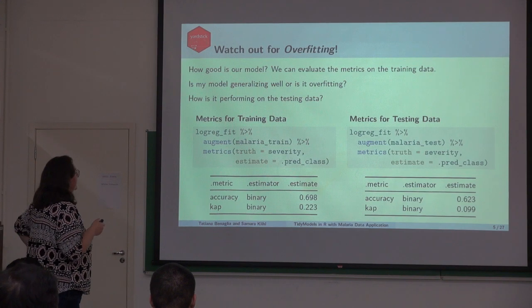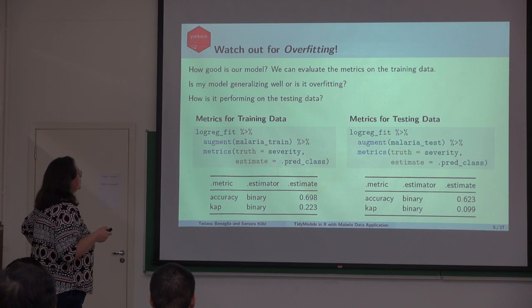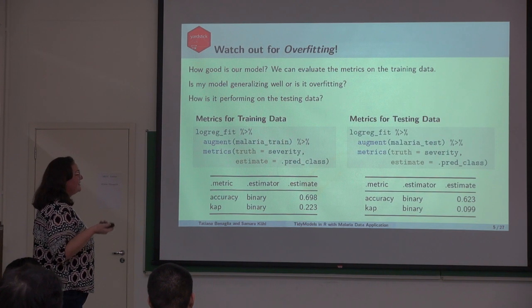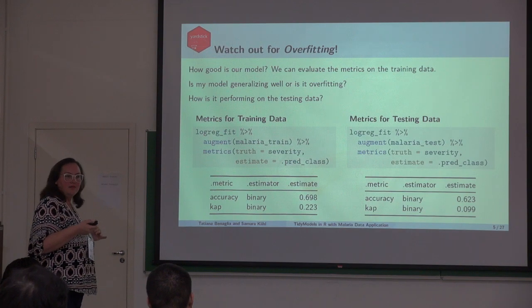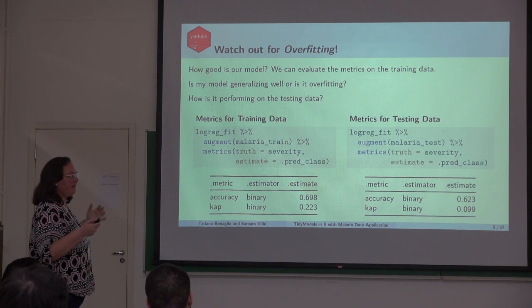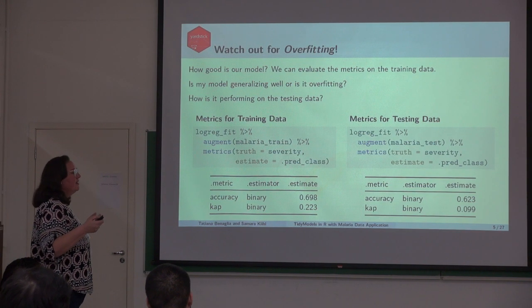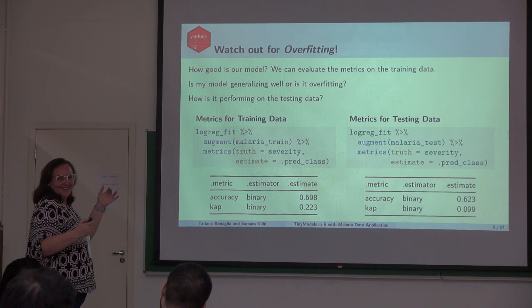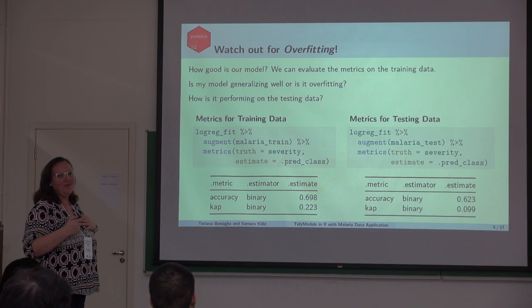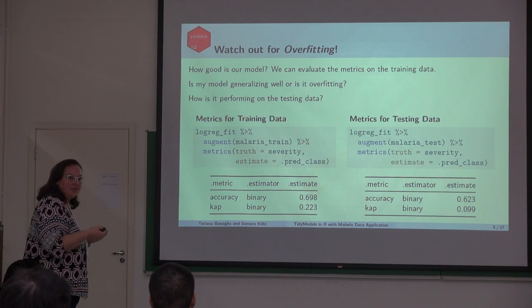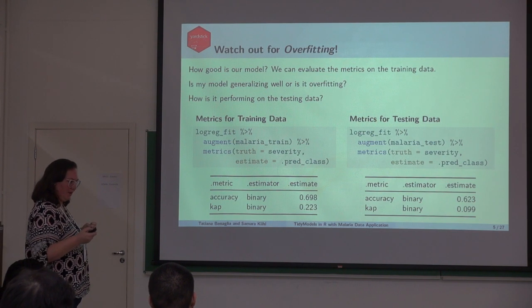So what we see here is that in the training set the accuracy was like 7%, but then in the testing it went down to 6.2. Usually it's going to go down. That's expected. The worry is if it goes down too drastically, then maybe my model is what we call overfitting. It's doing too well in the training data and not generalizing well.